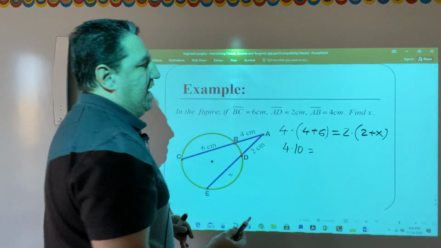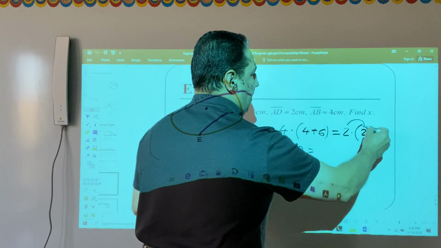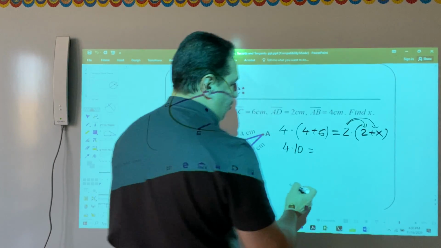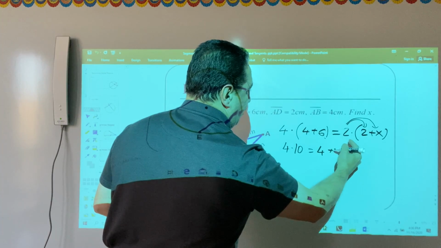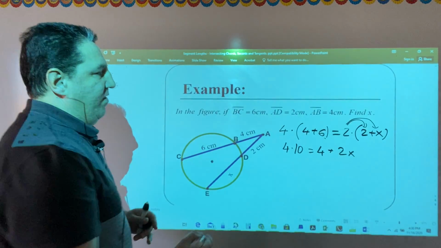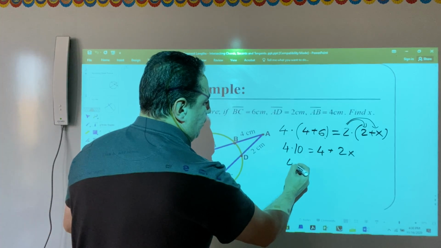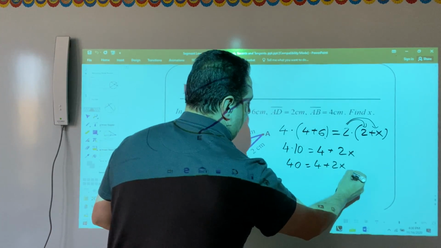Now, we get rid of the parentheses there by applying the distributive property of multiplication over addition. And we're going to have 2 times 2 is 4, plus 2 times x is 2x. Now, 4 times 10 equals 40, which is equal to 4 plus 2x.